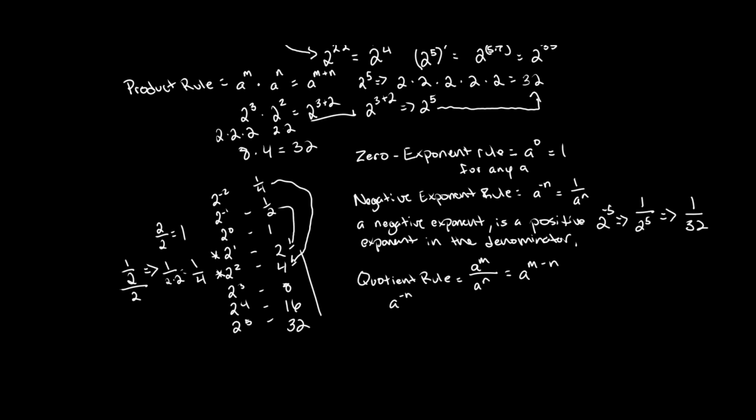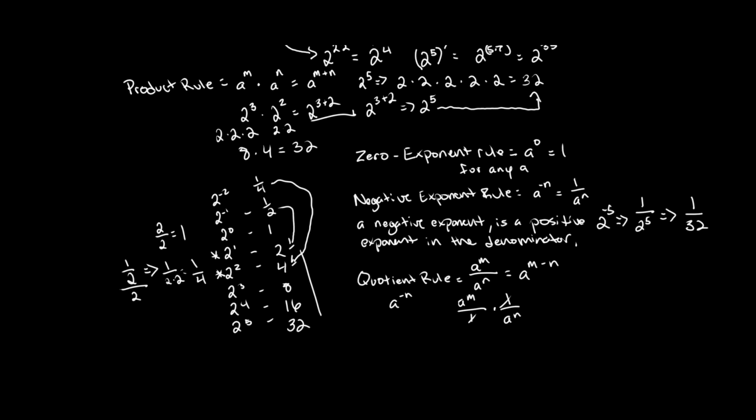Because we discussed that up here. We're saying a to the negative n is equivalent to 1 over a to the n. So if we look at a to the m over a to the n here, we can say a to the m over 1 times 1 over a to the n. These ones would cancel and we would be left with what you have above.